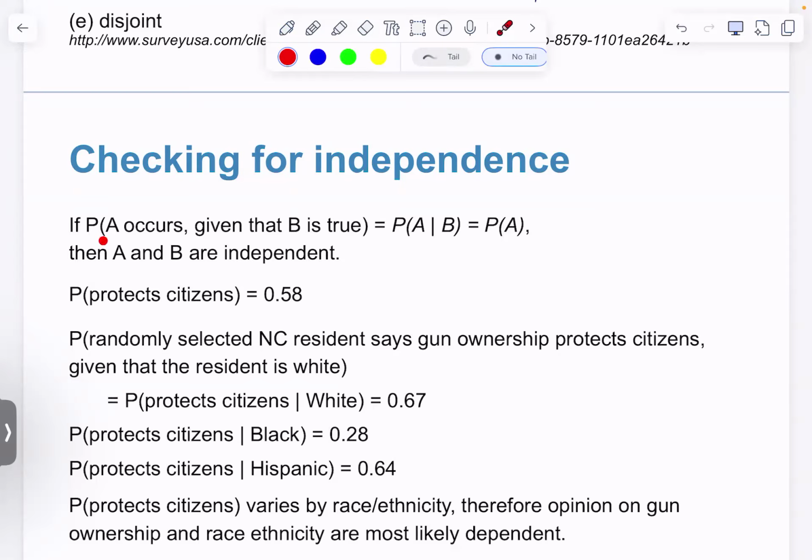But if the probability that A occurs, given that B is true, so knowing that B has happened, the key word here is this "given." This is what makes it a conditional probability.